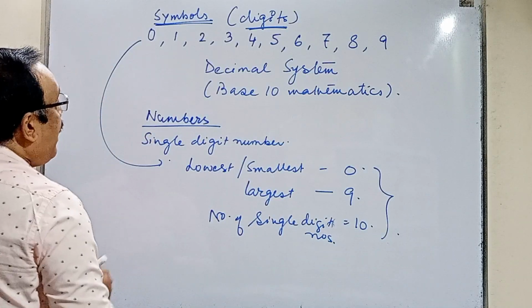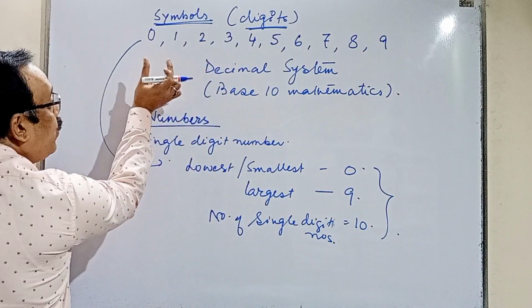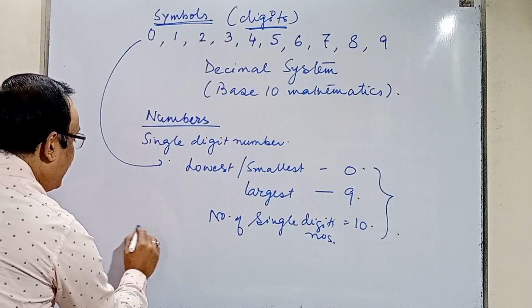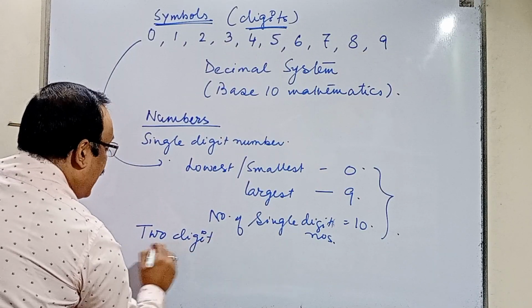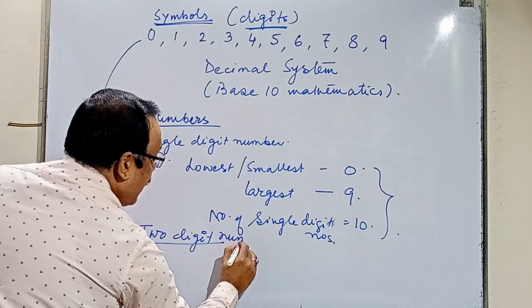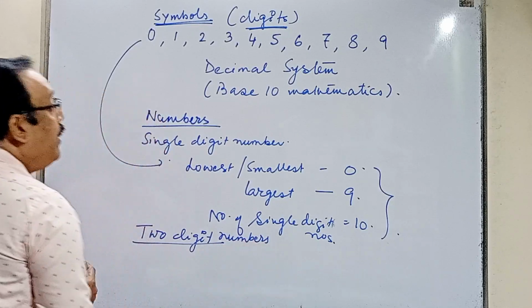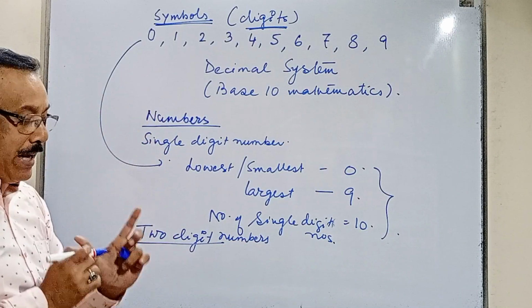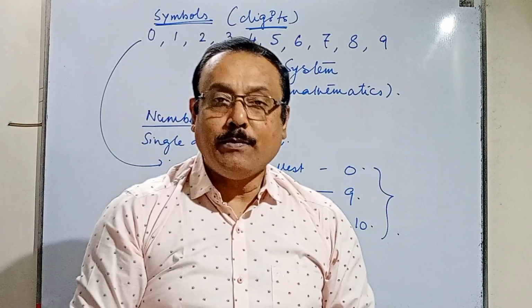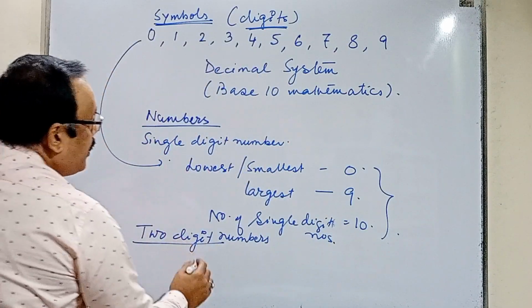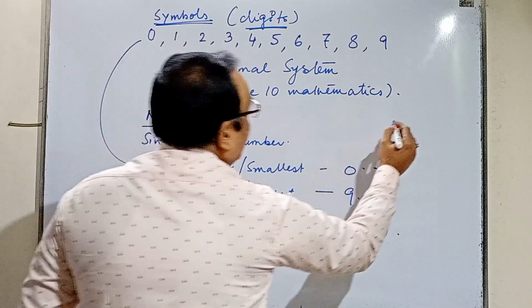Now, if we take two digits together, then we get two digit numbers. So two digit numbers are those numbers formed by a combination of two digits. Now two digits means two different positions of the digits. These positions of the digits are what is important now.